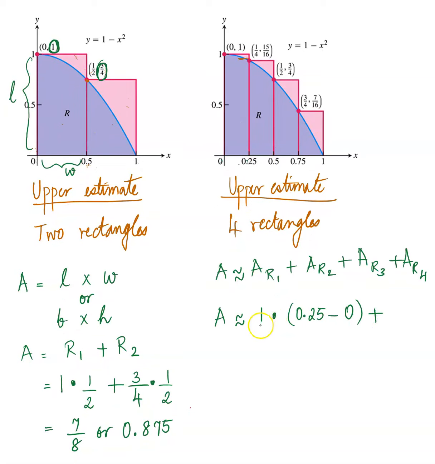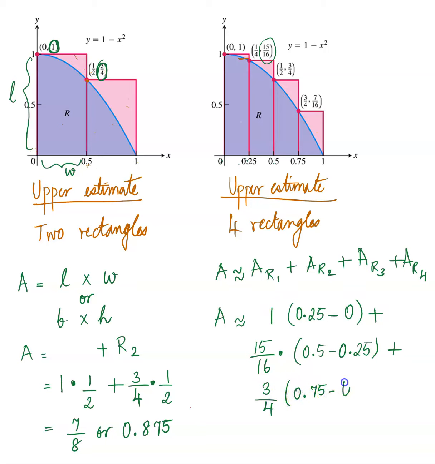That's area of rectangle 1 plus area of rectangle 2, which is this y coordinate, 15 over 16, times this distance, which is 0.5 minus 0.25, plus area of the third rectangle. That was 1 times... Okay. Plus 3 over 4 times 0.75 minus 0.5.